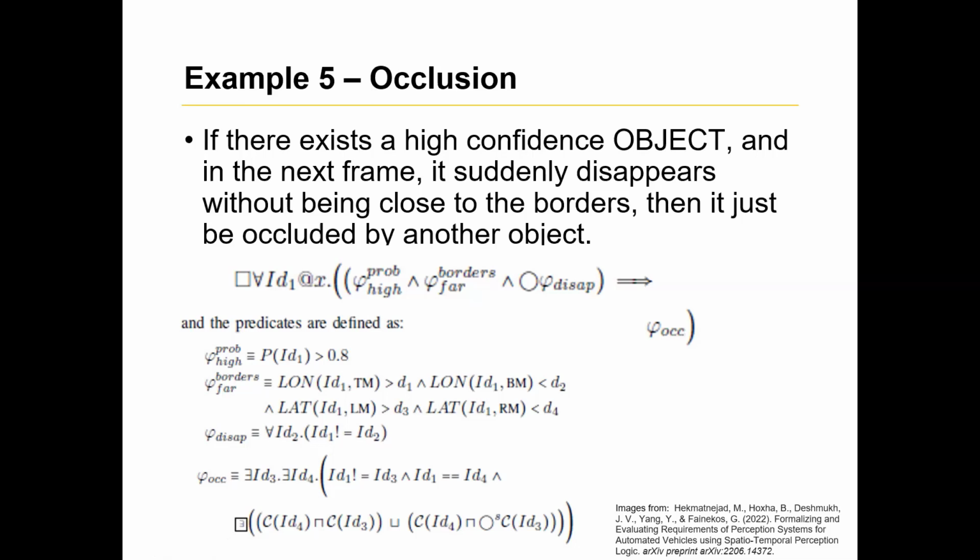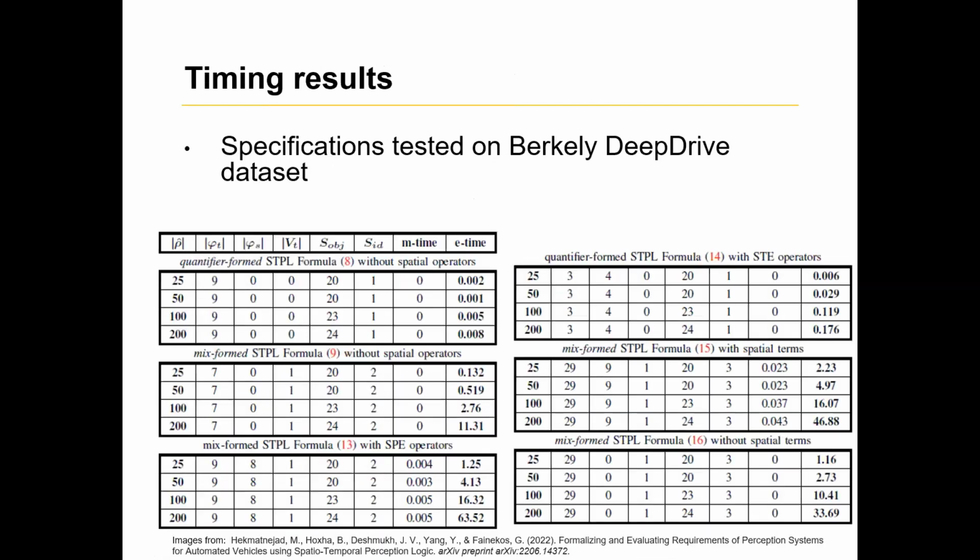Did they do the experiment, provide an implementation, or offer any data? Yes. There are some results on what the time looks like. What I want you to take away from here is that the sum of these tells you the number of operators inside a particular formula, and these are the memory complexities and the time complexities.